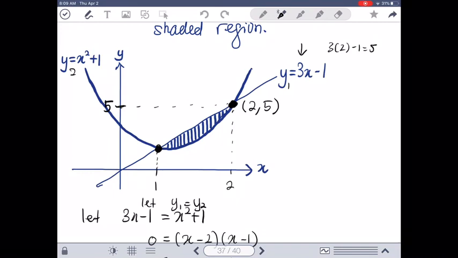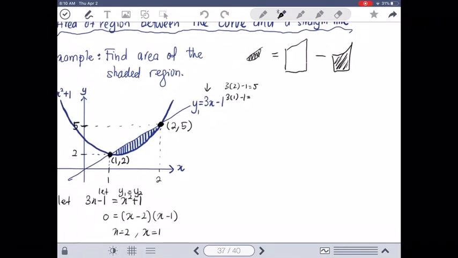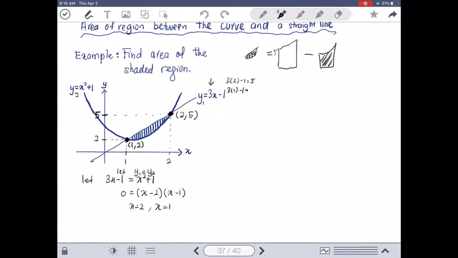And when x equals 1, then we have 3 times 1 minus 1 equals 2. So the coordinate of y is 2, means the height of the trapezium is 2. So we have 2 units.